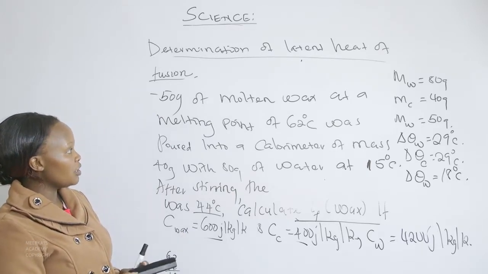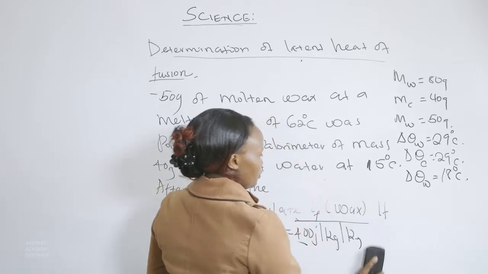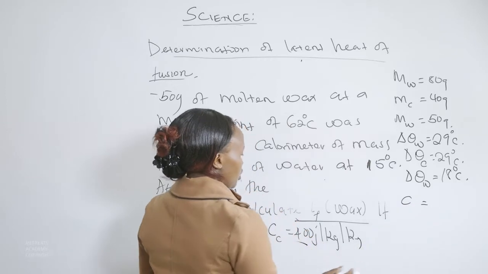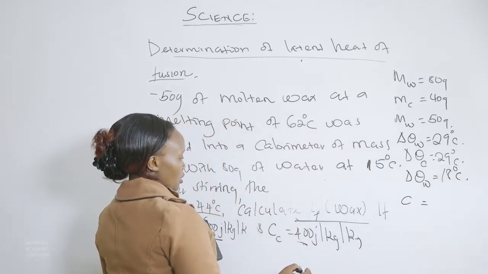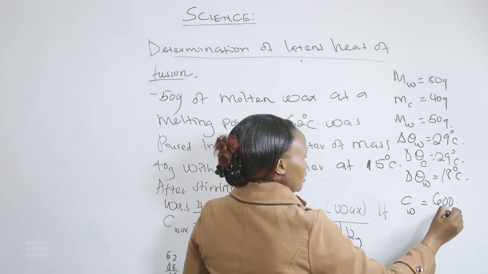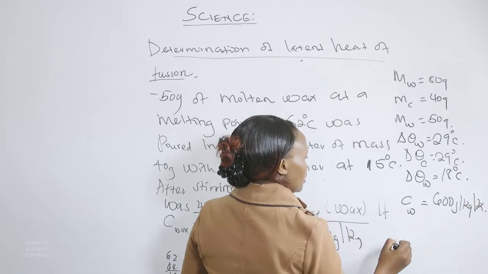We also have been given the specific heat capacities. Specific heat capacity of the wax is 600 joules per kilogram Kelvin.